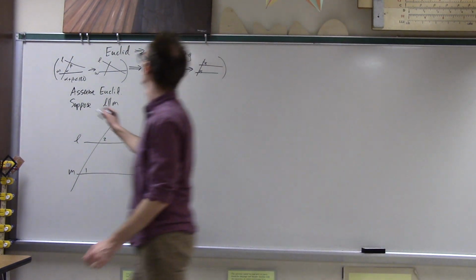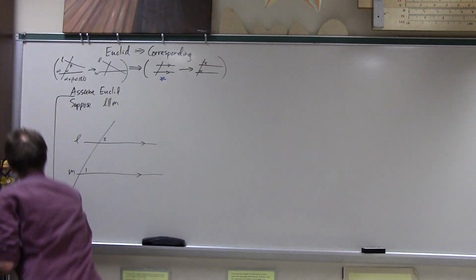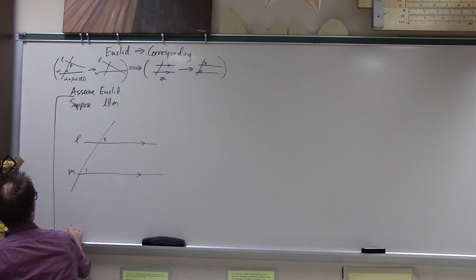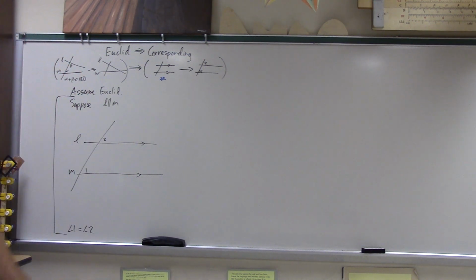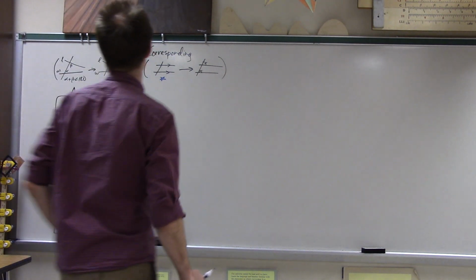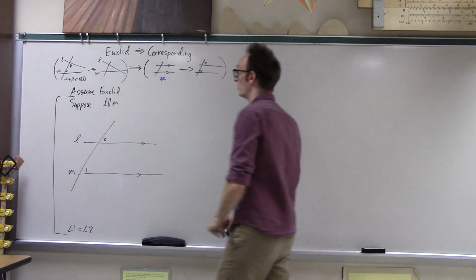My goal is to show that angle 1 equals angle 2, and if I do so, then I have demonstrated the corresponding conditional. And then we're done. Okay, well, why must 1 equal 2?